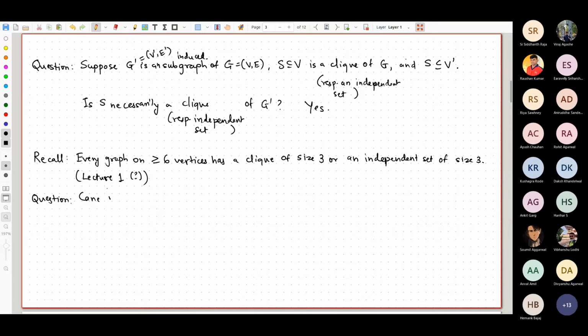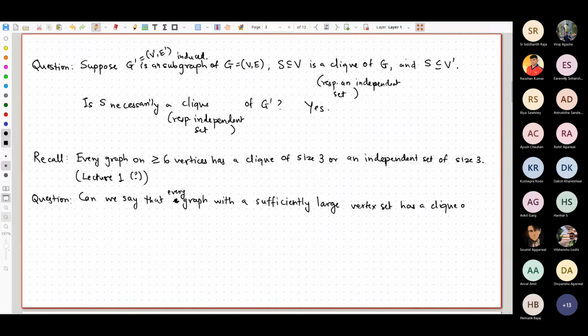Okay. So can we say that a graph with a sufficiently large vertex set, every graph with a sufficiently large vertex set, has a clique of size, let's say 100.